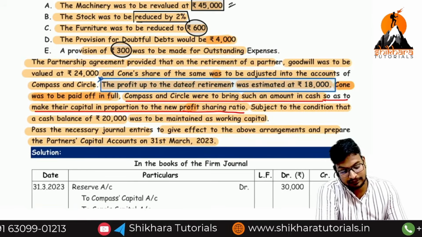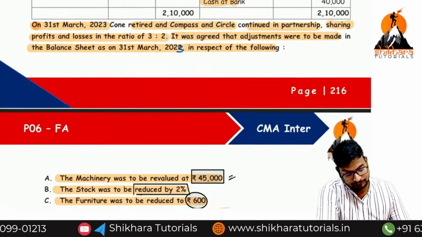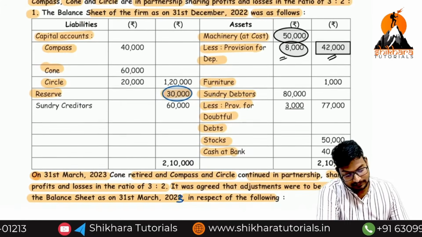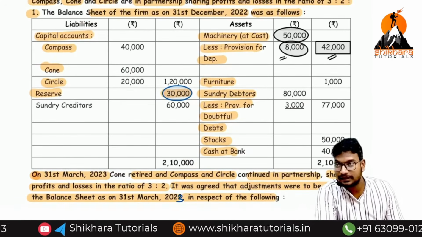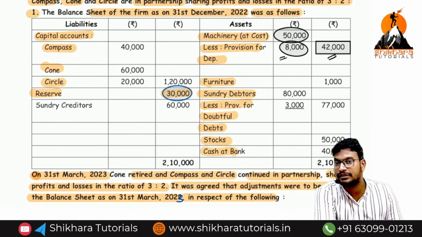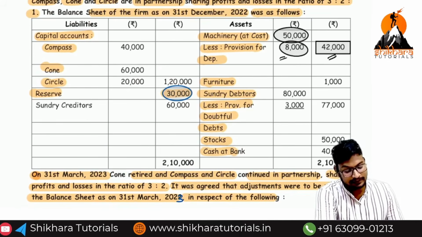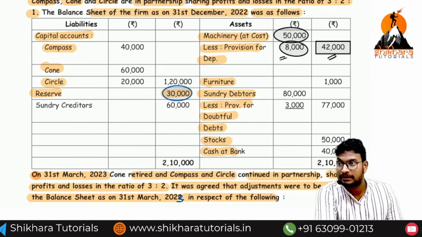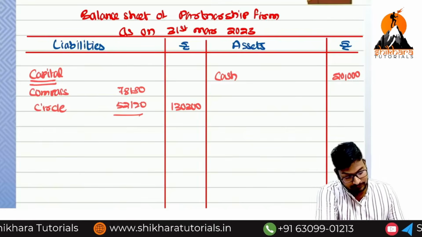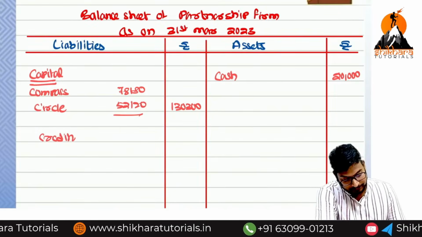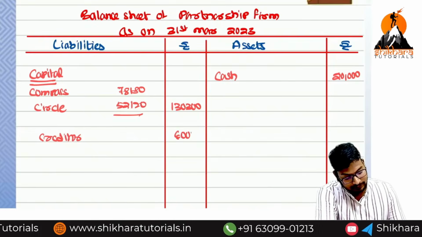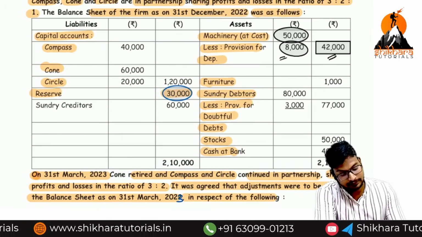Now what are the remaining balances we need to write, ma? Reserve is there or not there, amma? There is no reserve. We already distributed to the partners. Sundry creditors, is there any change? There is no change in the sundry creditors. How much, amma? Creditors 60,000. So next one.